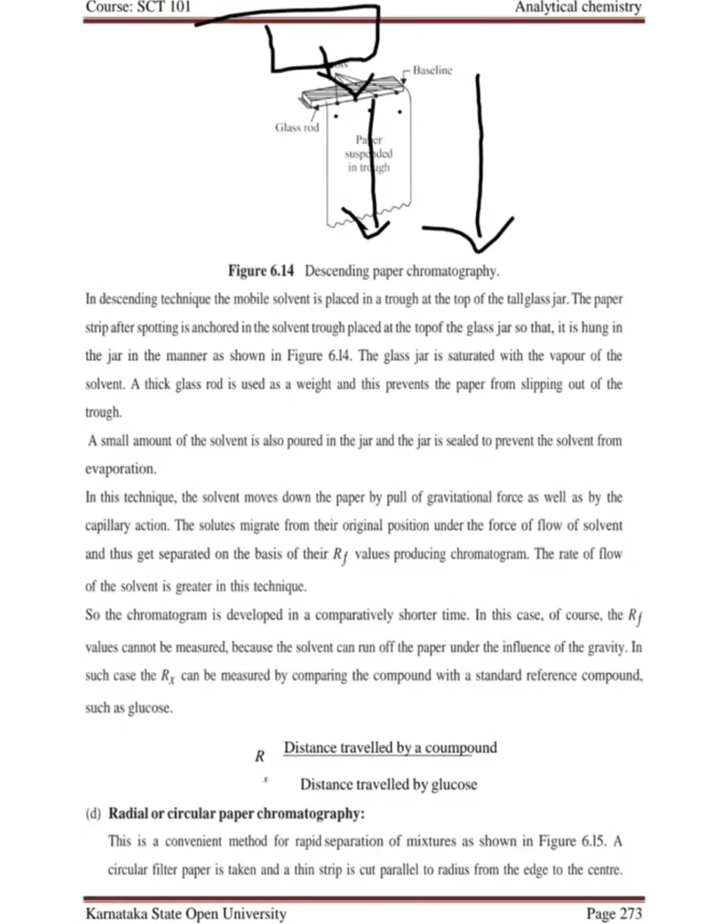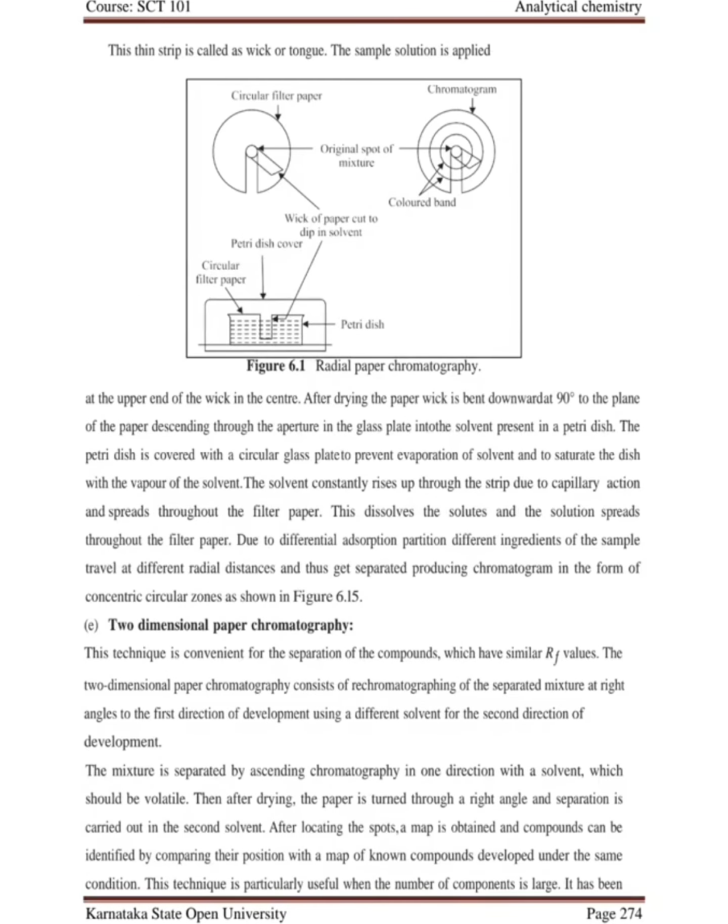And further, one more method is there, that is radial or circular paper chromatography.